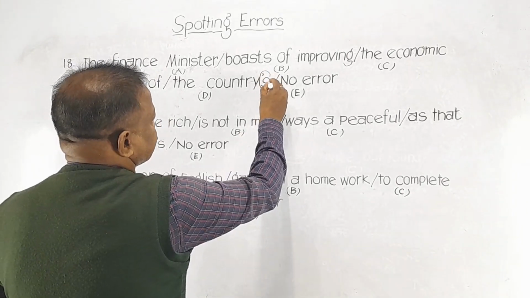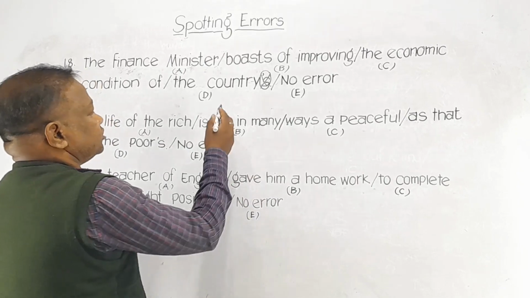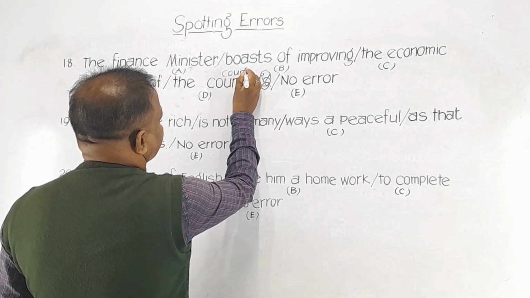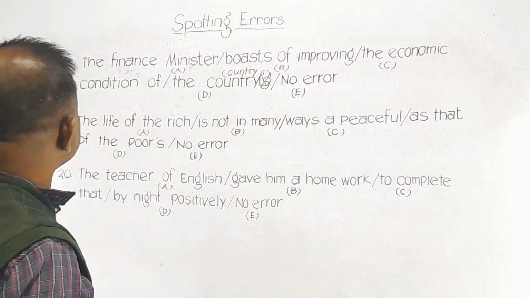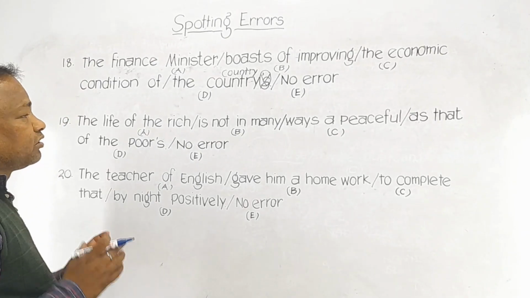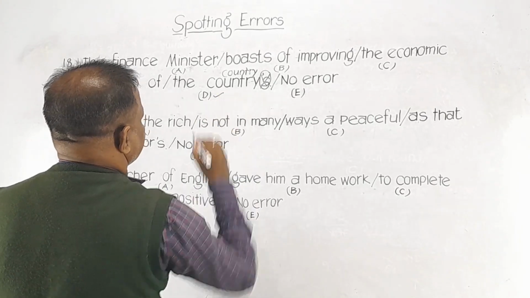So the answer is the economic condition of the country. You cannot write countries, simply need to write country. So the correct answer is the finance minister boasts of improving the economic condition of the country. Our answer is part D.